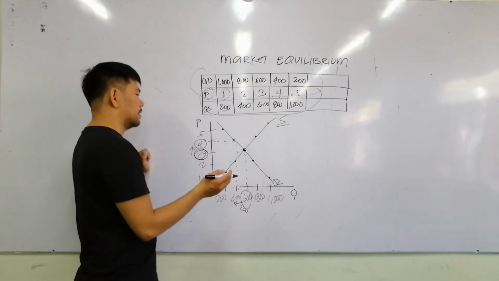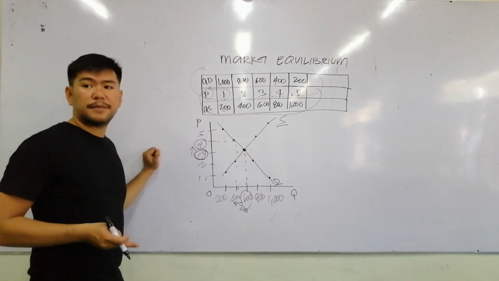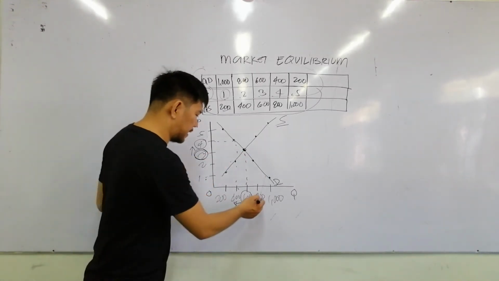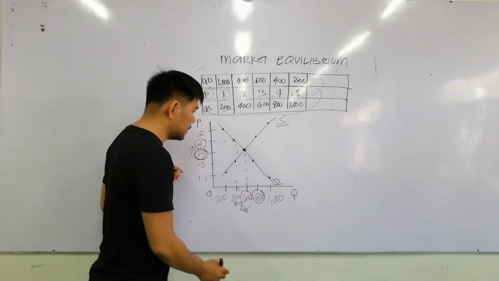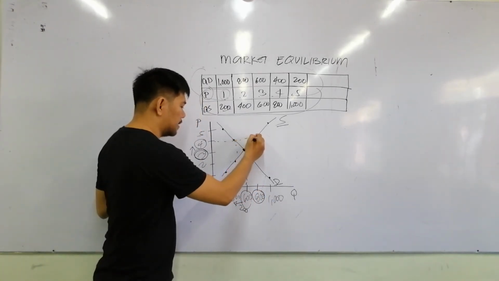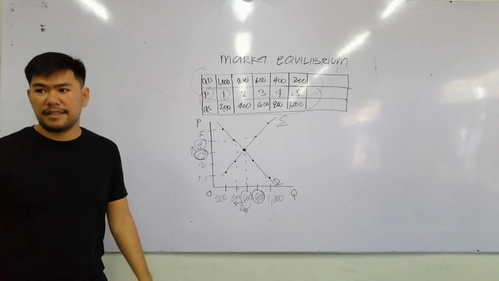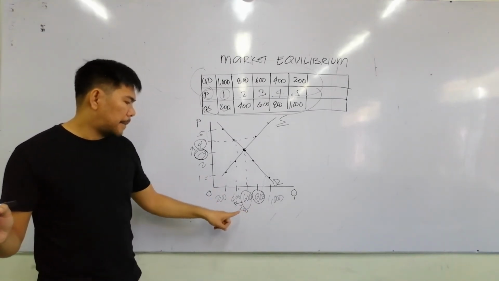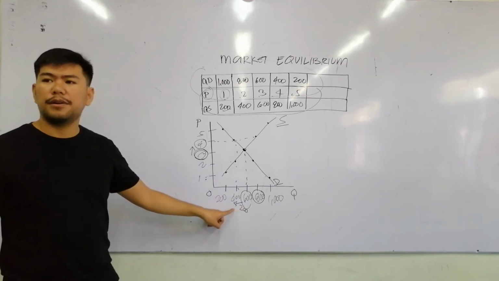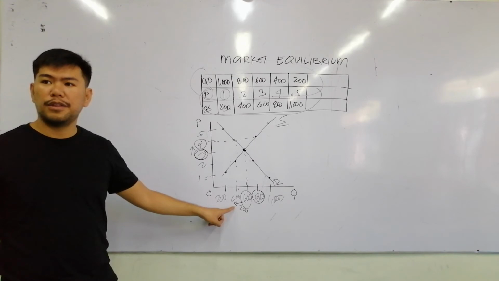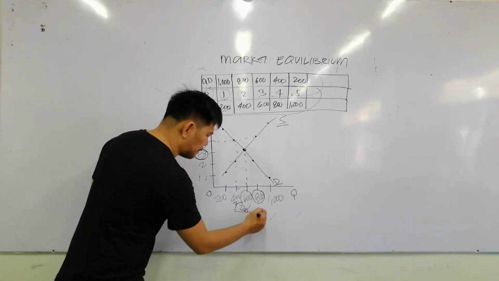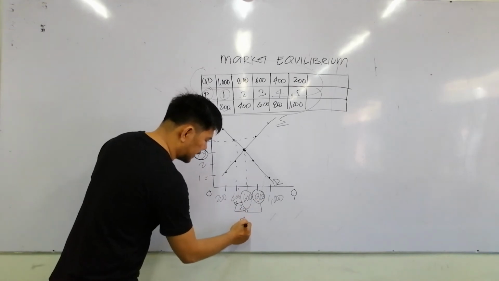Supposedly, it's good for the seller because the price is high, so the seller is willing to sell 800. Here's the catch: the seller is selling 800, but the buyers will only buy 400. The consumers will only consume 400 units. So there is a gap of 400.